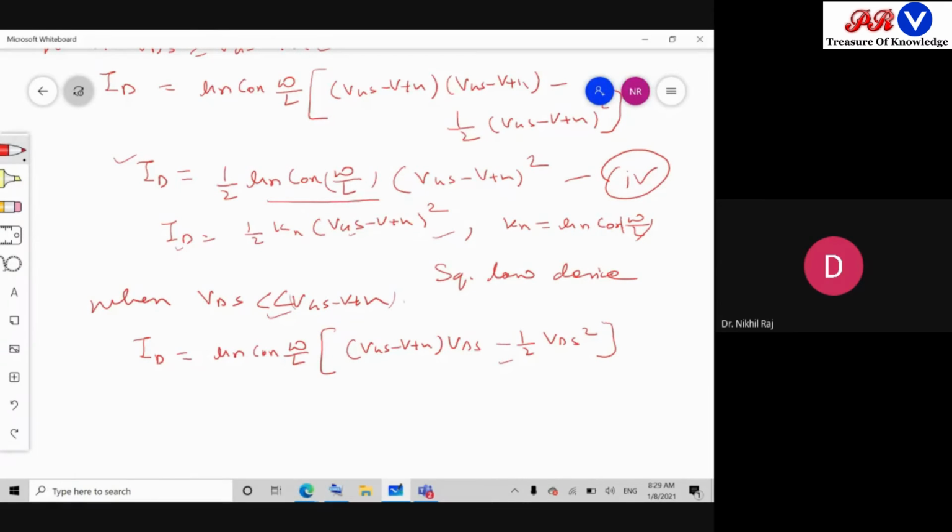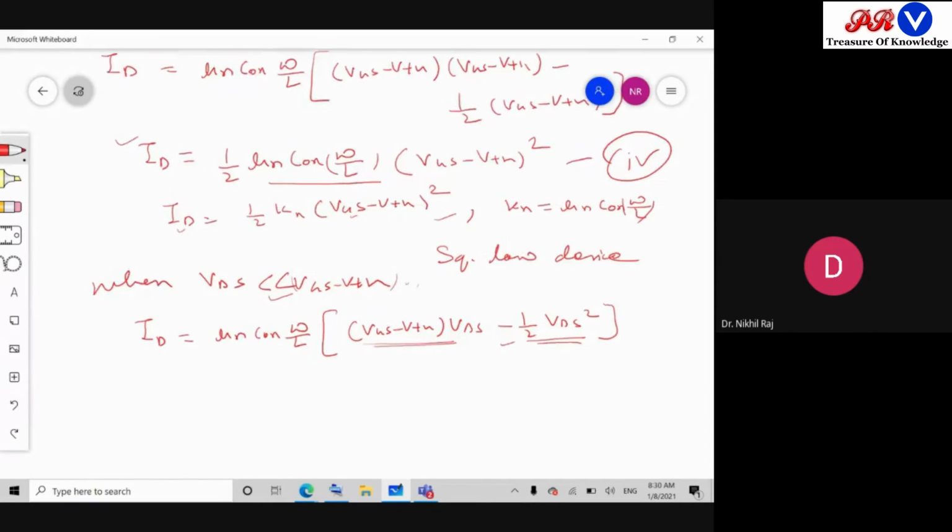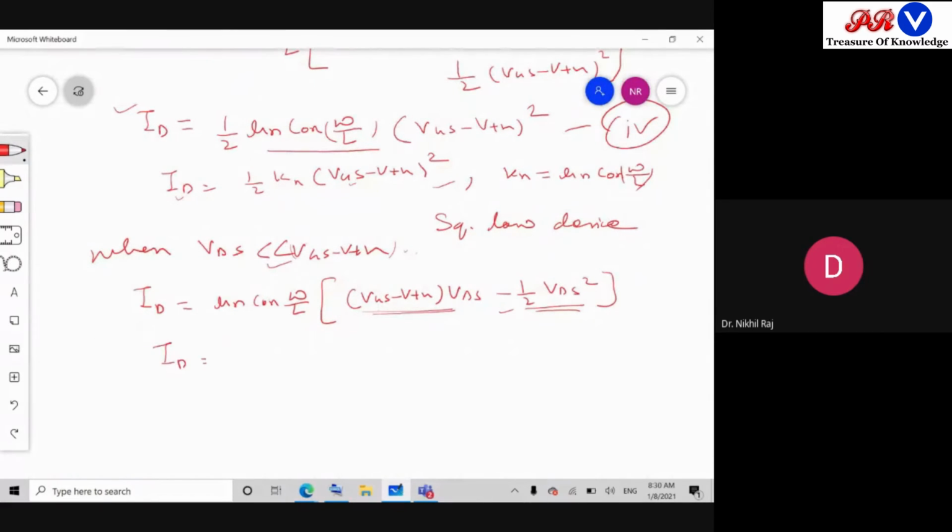This means if I do the product here, this product will overcome this value. So we can rewrite this expression as ID equals mu n Cox W by L, VGS minus VTH into VDS, and this term will be neglected because when we multiply, it will be very very less compared to the other. So we get equation number 5.